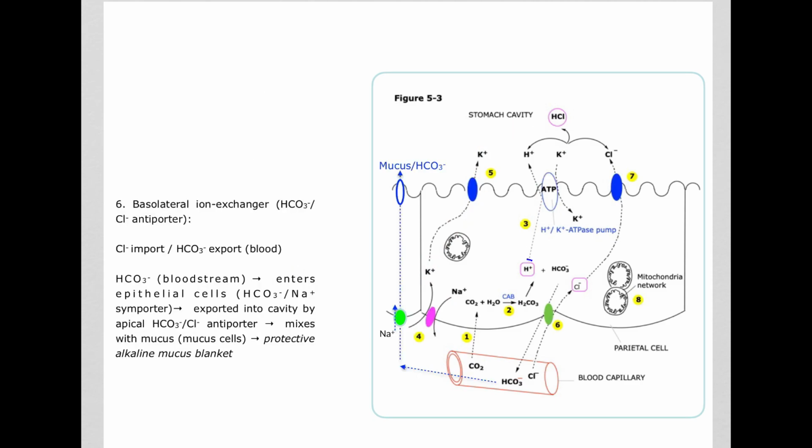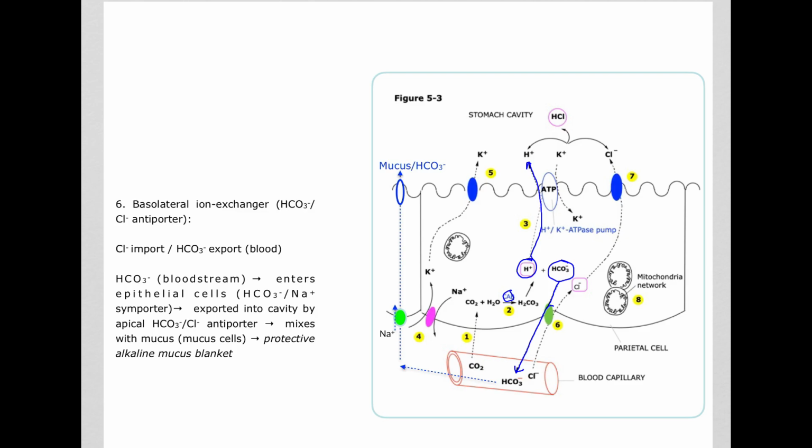While the protons formed from this carbonic anhydrase reaction are sent into the stomach cavity, the bicarbonate, the other product, is exported through the basolateral membrane into the bloodstream.